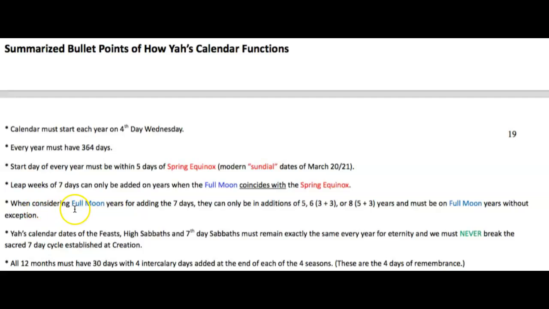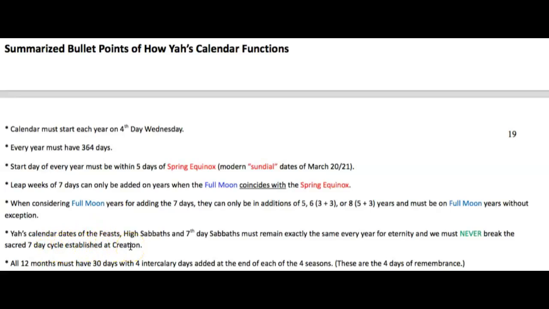But it says here, when considering full moon years for adding the 7 days, they can only be in additions of 5, 6, or 8 years and must be on full moon years without exception. Yahuwah's calendar dates of the feasts, high Sabbaths, and 7-day Shabbats must remain exactly the same every year for eternity. And we must never break the 7th-day cycle established at creation.